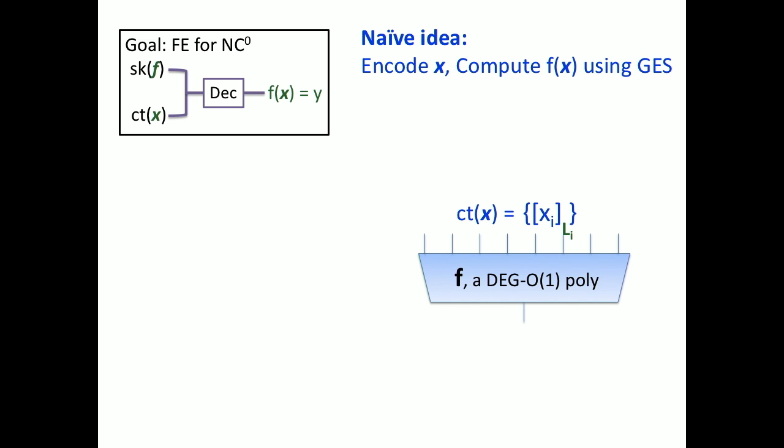Evaluation or decryption means take the function as is, evaluate it using graded encoding to produce an encoding of the output, and test whether the output is 0. Great. This really means that functionality is not a concern. Why? Because the graded encoding is a tool powerful enough to support NC0 computation.